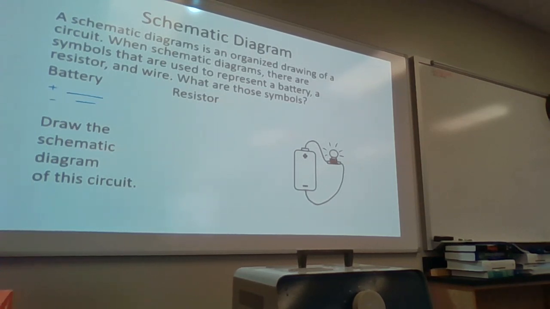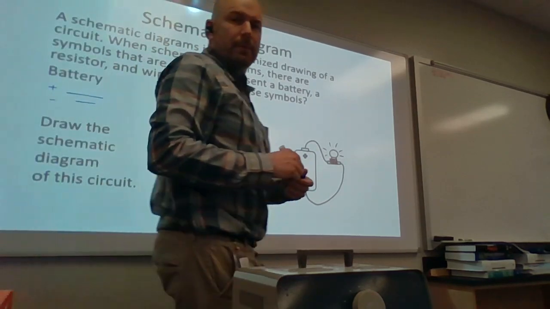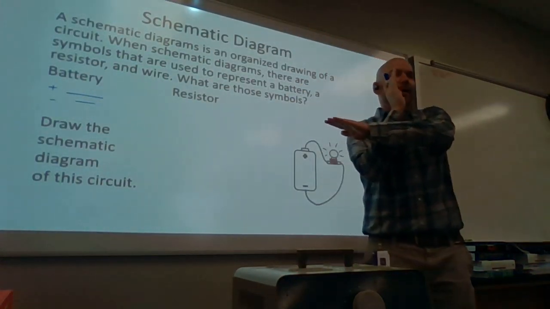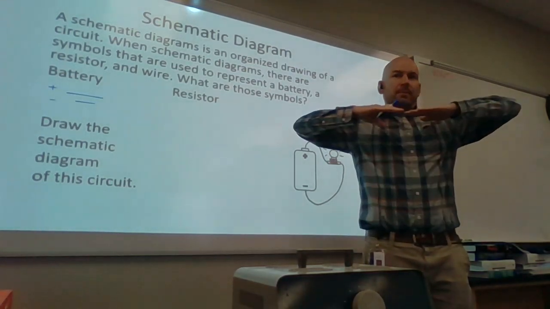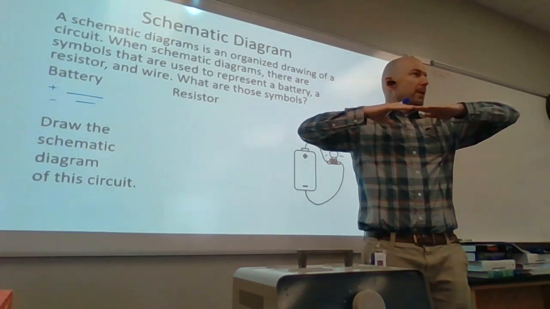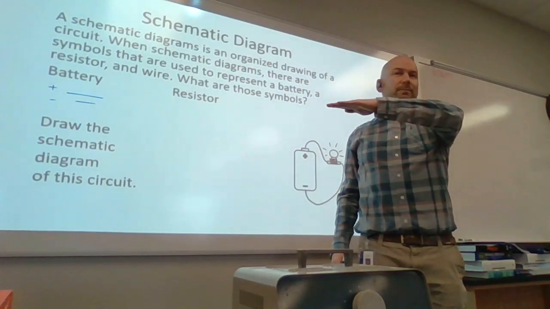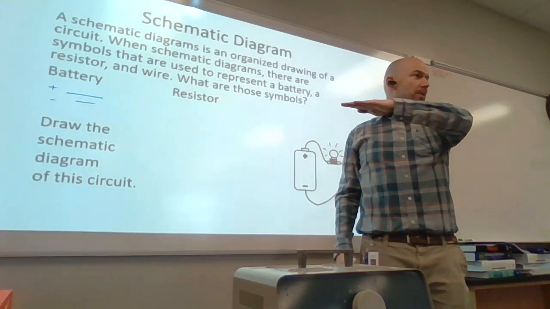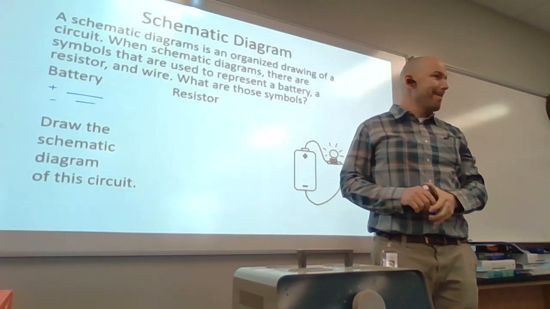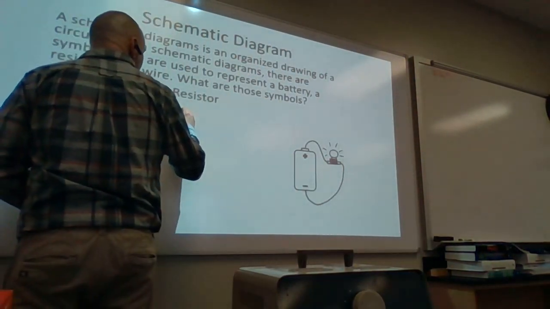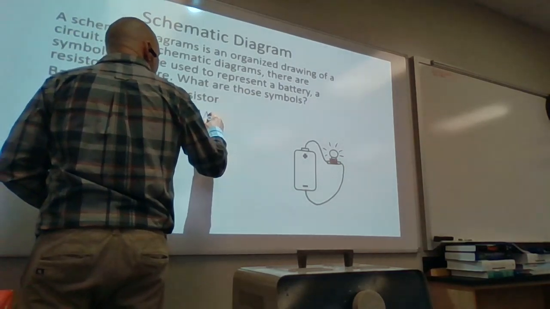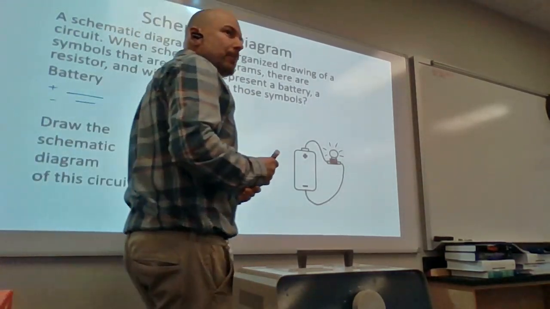The way I remember that is the positive sign has two sticks, so it's the long side. Negative side only has one, so it's shorter. Good with that? A resistor looks like kinks in a hose.